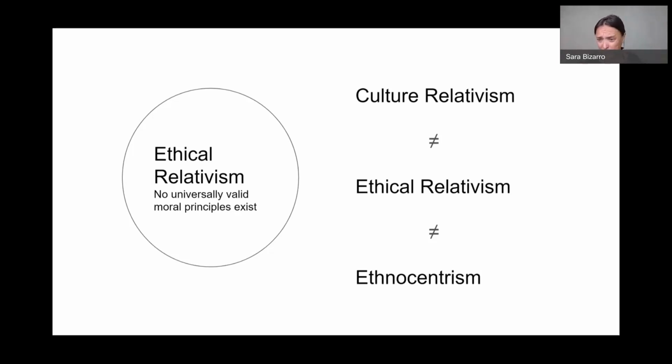I can argue for it independently of whether I find examples of cultures believing different things or not. So they're logically different things. And ethnocentrism, the idea that our culture is better than all the other ones, that's just not true, in my opinion. That's not what anybody is talking about when they're talking about these things.